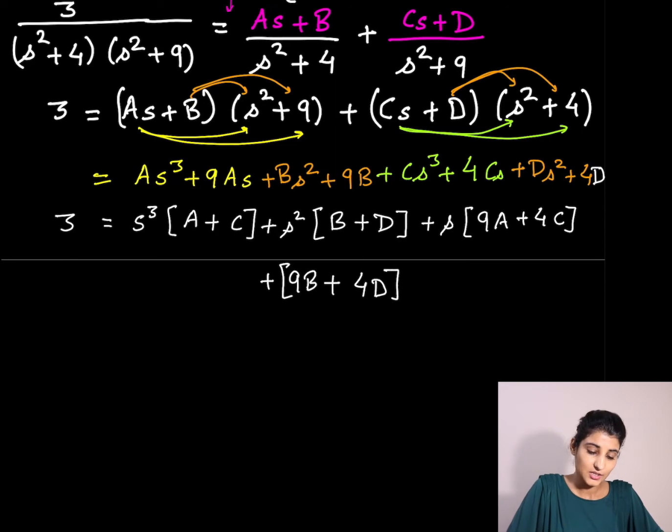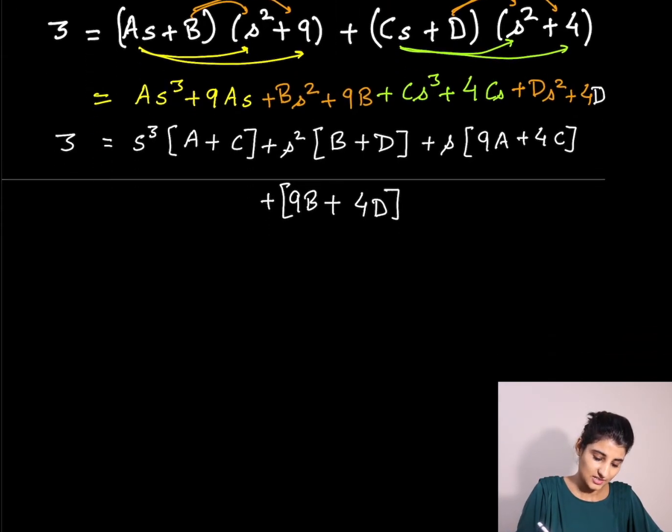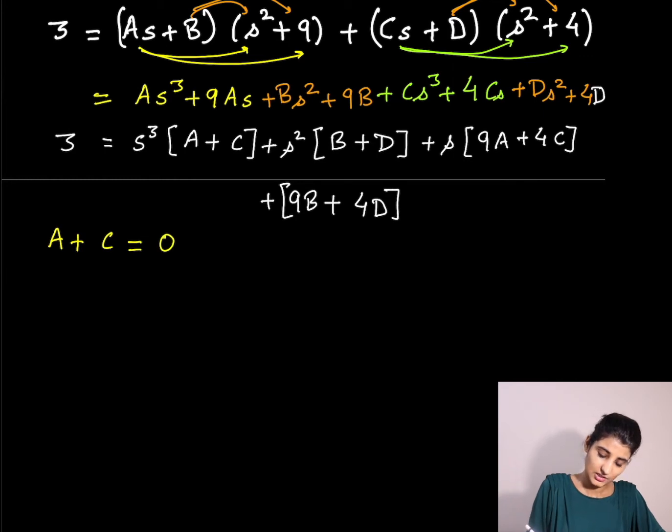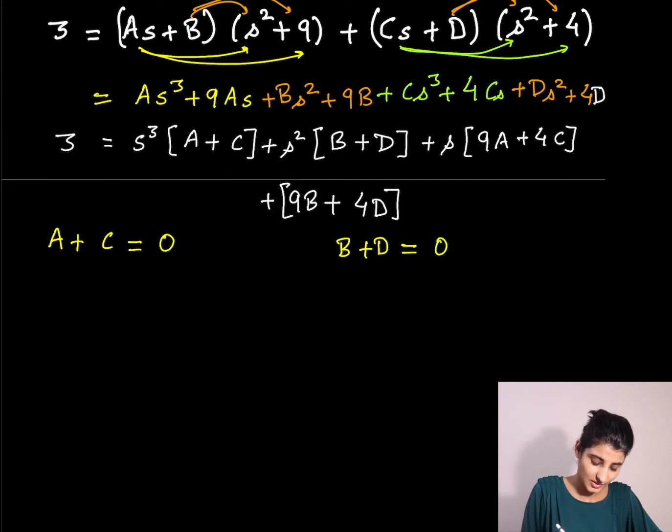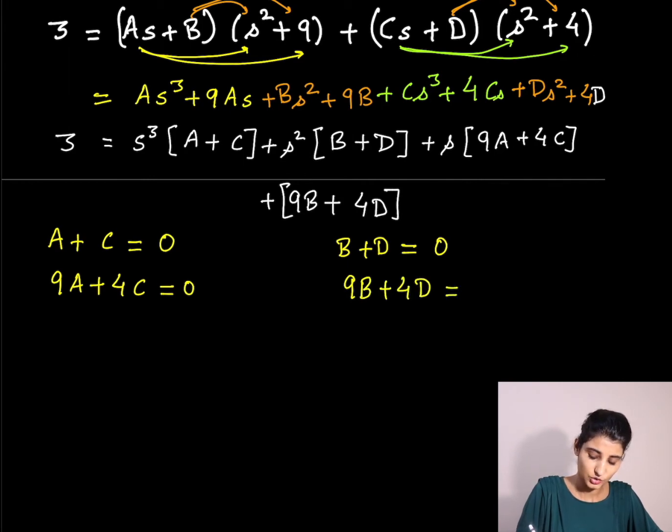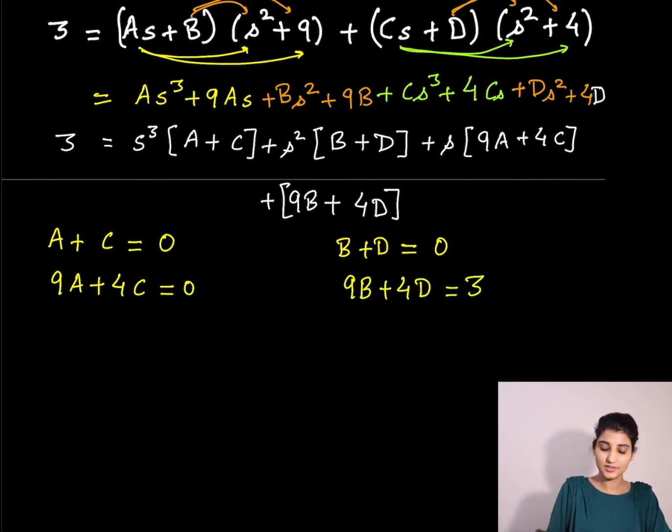So from here, if we compare the coefficients, we get a plus c, the coefficient of s cube, is equal to 0. b plus d is equal to 0, 9a plus 4c is equal to 0, 9b plus 4d is equal to 3, right?